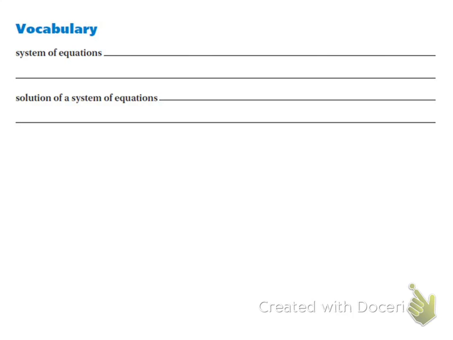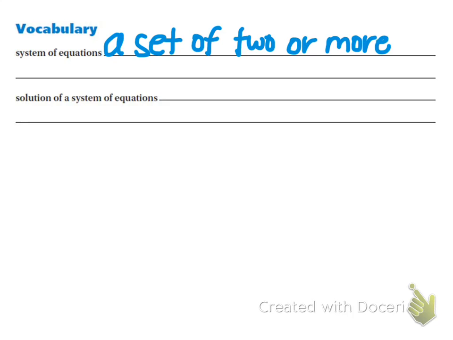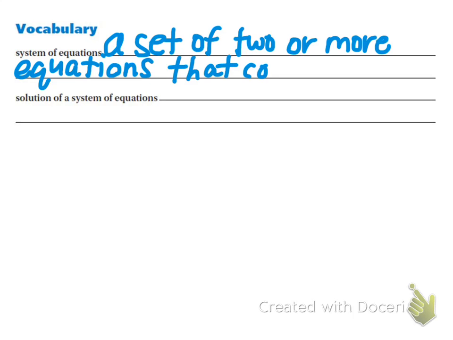Our vocabulary words are systems of equations. This is a set of two or more equations that contain two or more variables.